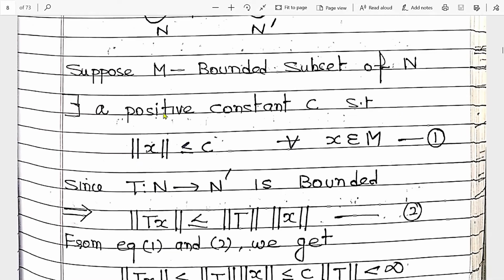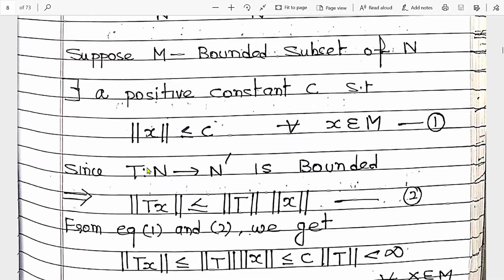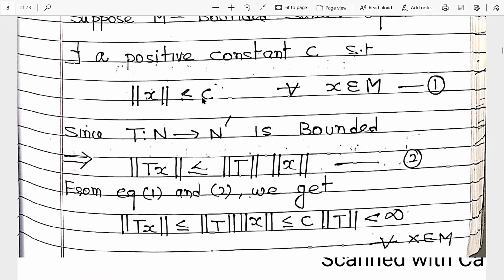Then by definition, there exists a positive constant C such that norm of x is less than or equal to C for every x belonging to M. Since T from N to N' is bounded, by the definition of a bounded operator, norm of Tx is less than or equal to norm of T times norm of x.